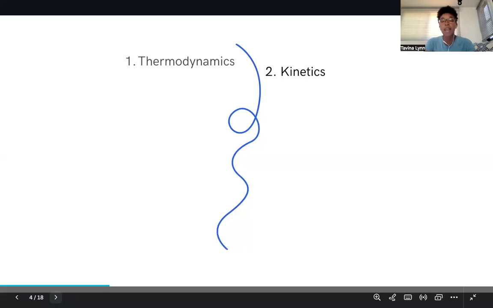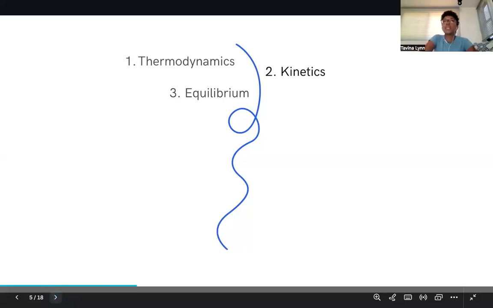Because when we have a reaction that's happening, some reactions are super slow, some are fast, and there are things that we can do to speed up a reaction. So kinetics is all about the rate at which a reaction happens. From there, we'll go into equilibrium.